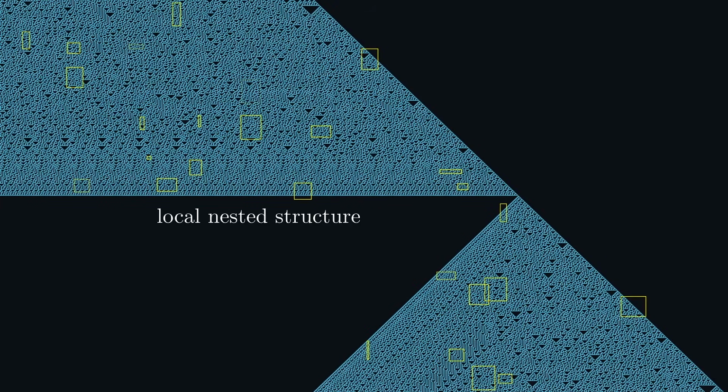In fact, all the black triangles along the right boundary are mini recapitulations of the initial state. Here, Rule 30 is starting again inside itself. This is what I call local nested structure. And it implies that every finite region that appears reappears infinitely many times, and not only in the future, but also in the past.